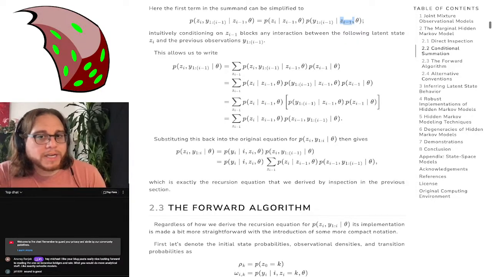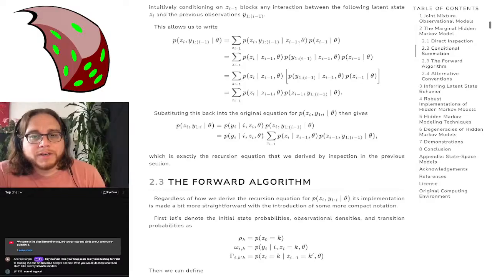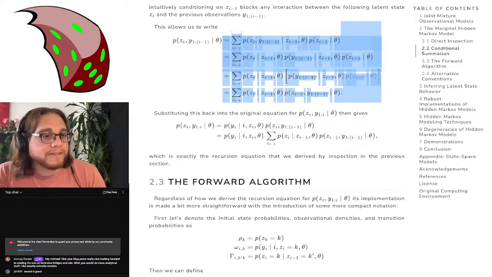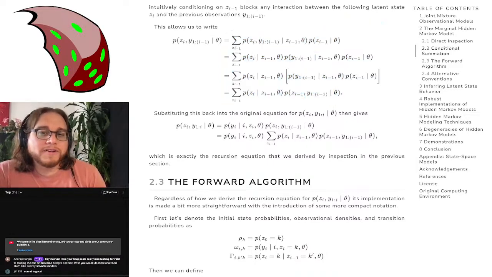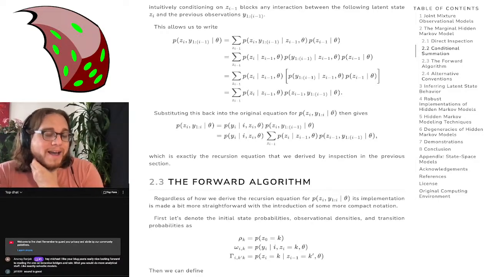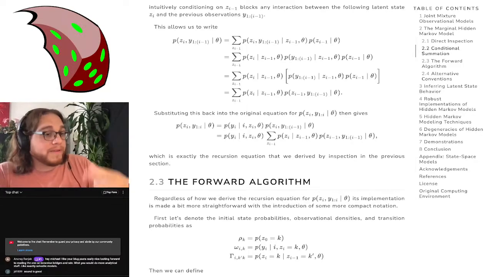And so if we go through the calculation, combining terms, we get a form like this, where we have this transition probability. So in the last equation here, there's the transition probability, and then the zi minus 1, y1 to yi minus 1. That is that summand from the previous state.